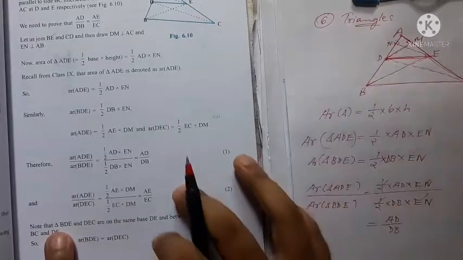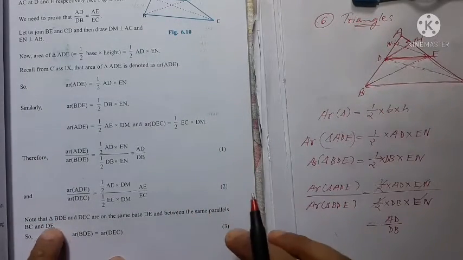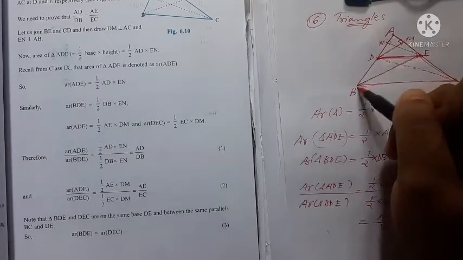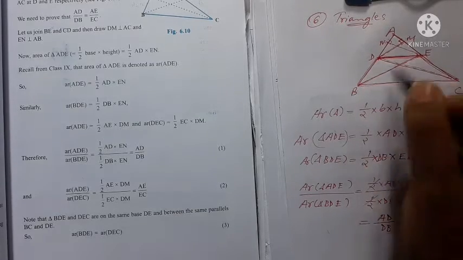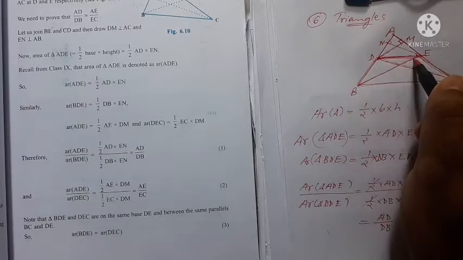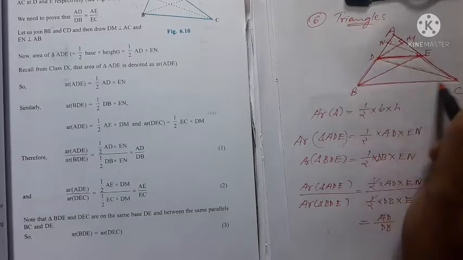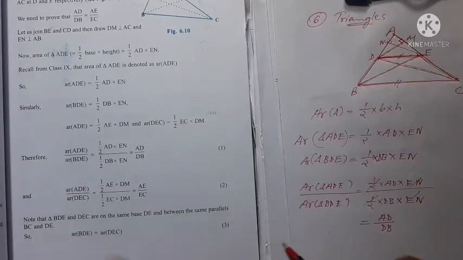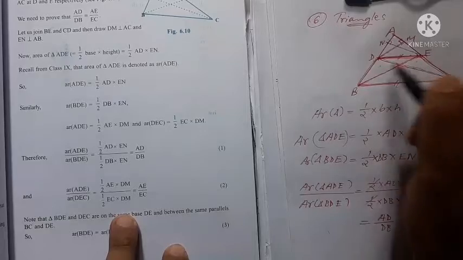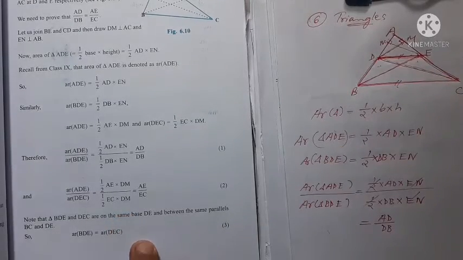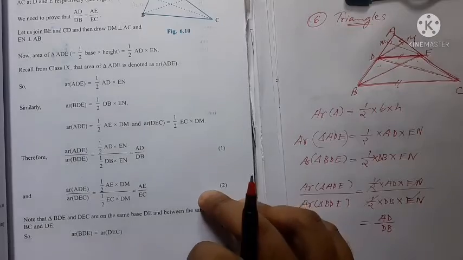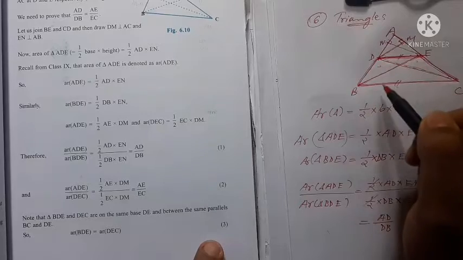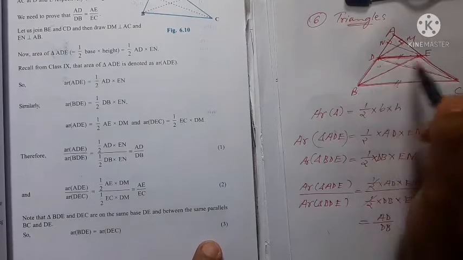Now we need to recall one theorem from class 9. The triangles BDE and DEC have the same base DE and lie between the same pair of parallel lines, BC and DE. Triangles having the same base and lying between the same pair of parallel lines are equal in area.